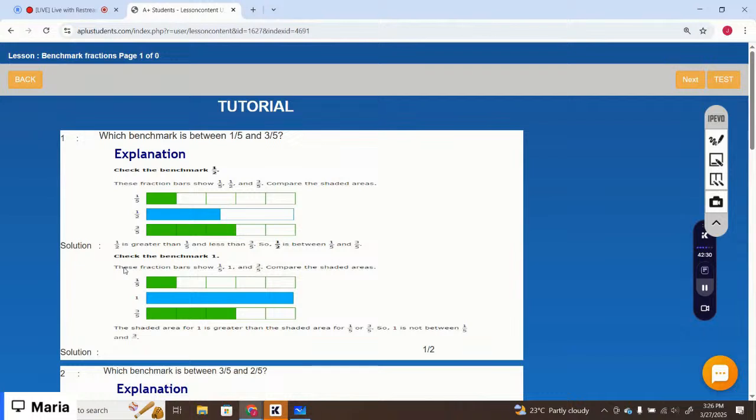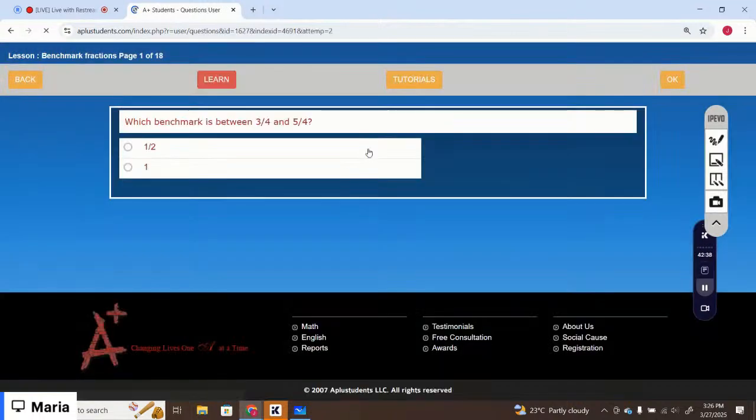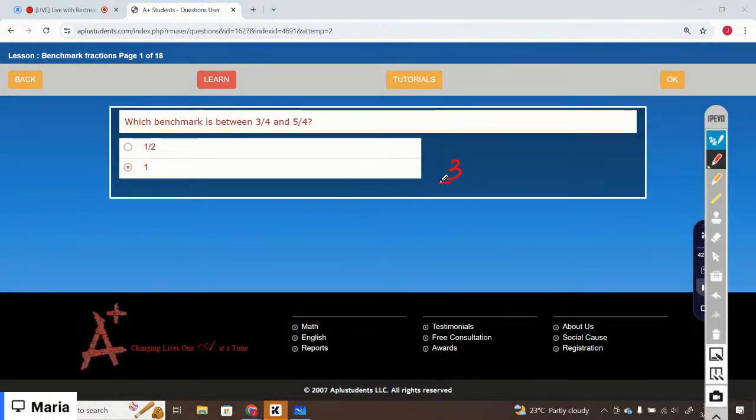Let's just start with the test questions, then I will explain. Which benchmark is between 3/4 and 5/4? So you have to see which one is between 3/4 and 5/4. That is one. How? When you compare 3/4 to 1, 3/4 is less than 1.